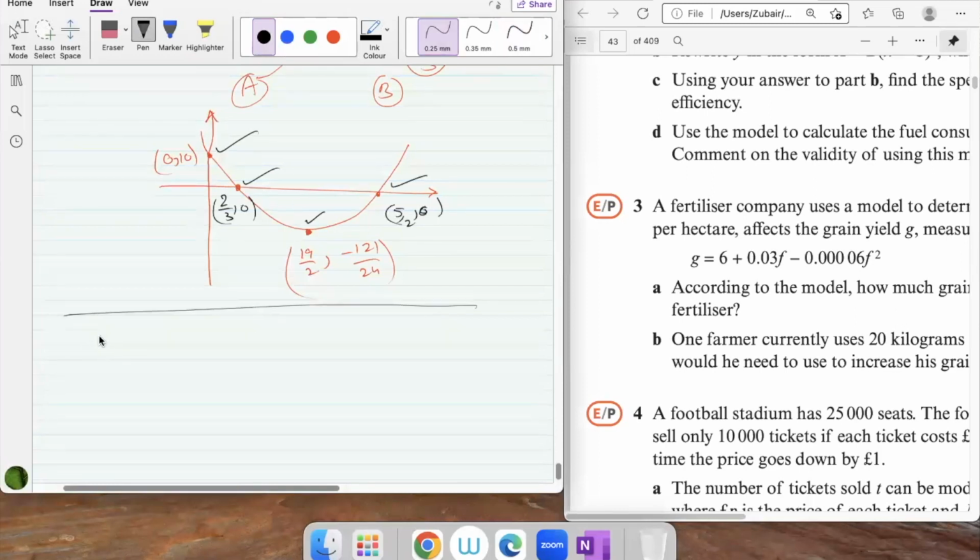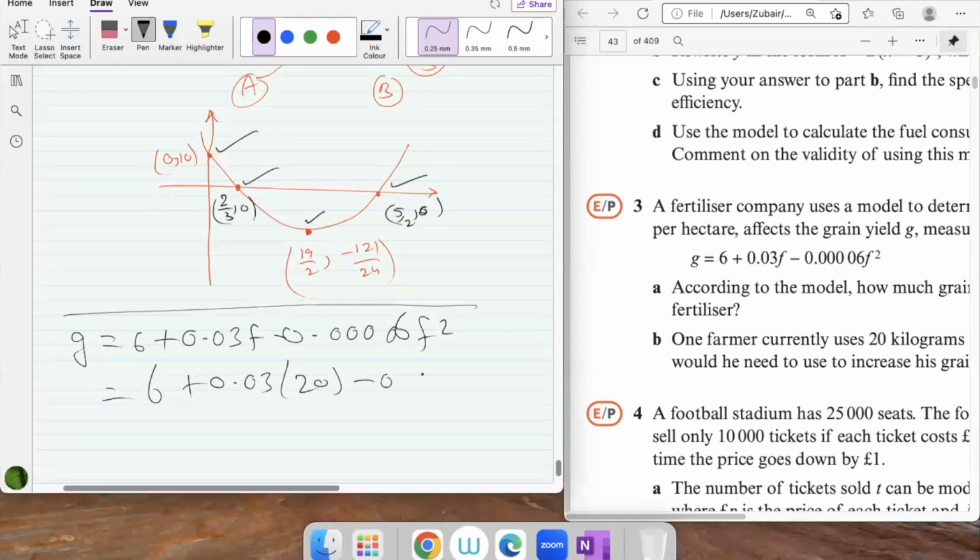The expression is G equals 6 plus 0.03F minus 0.12346 F squared. Initial value of fertilizer used is 20 kgs. So 6 plus 0.03 times 20 minus 0.12346 into 20 squared.